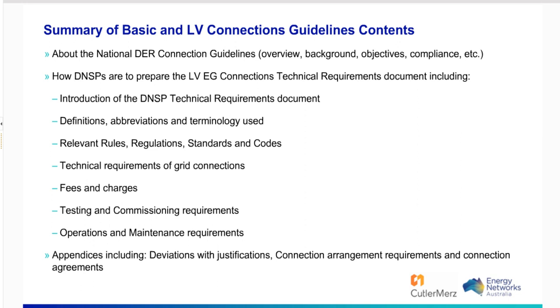Then testing and commissioning requirements, as well as operation and maintenance, look to recapture the technical requirements of grid connections in a manner that is ongoing, tested and verified by NSPs, to ensure what was installed is captured in a way, by the installation proponent and so on, that's mutually understood as at the time of installation.